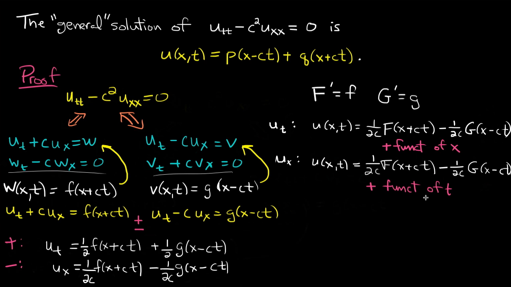Now I claim we don't need to worry about these functions. The reason is we are comparing two u's which need to be the same. These expressions involving capital F and capital G are the same. And so these functions of x and of t must also be the same. Now the only time two functions are the same when they're functions of different variables is if they're both constants.